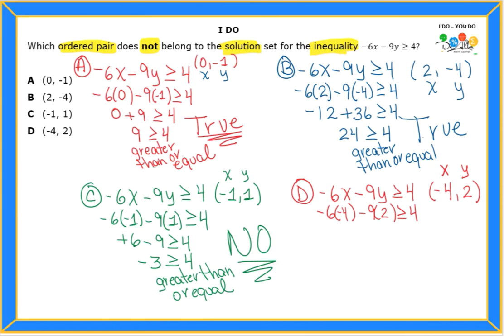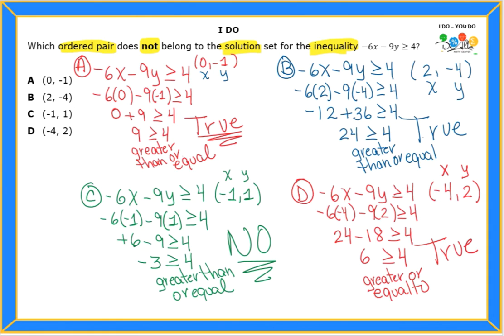And the greater than or equal to 4 stays the same. What's negative 6 times a negative 4? It's a positive 24. Negative 9 times a positive 2 is negative 18. So I am going to write down minus 18. And what's 24 minus 18? 6, right? So let's read that statement. Is it true that 6 is greater than or equal to 4? It is, right? 6 is a number greater than a 4.